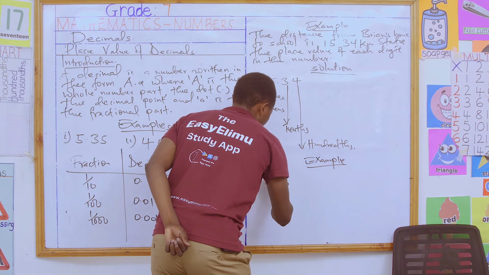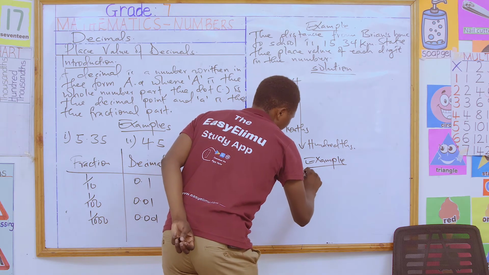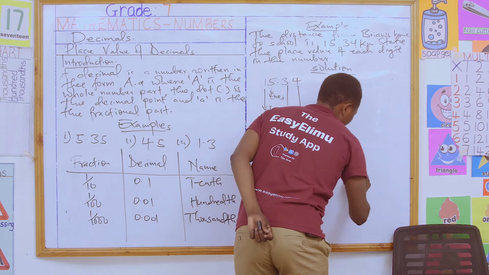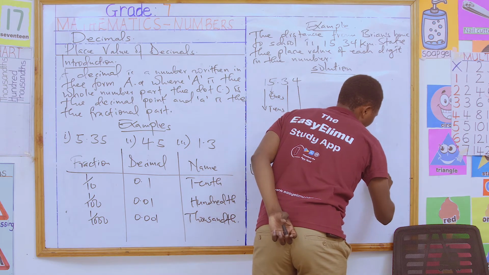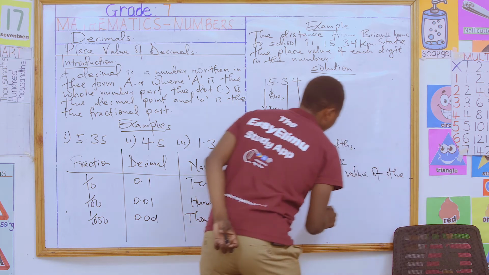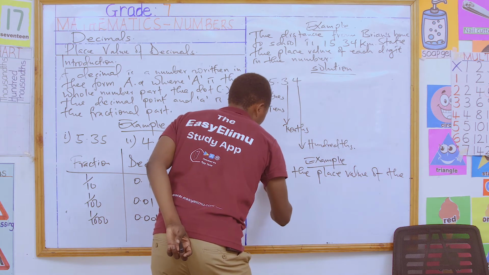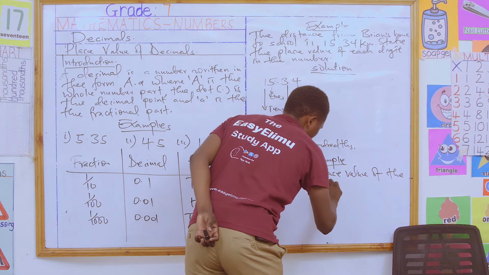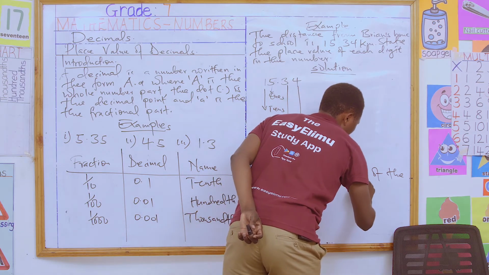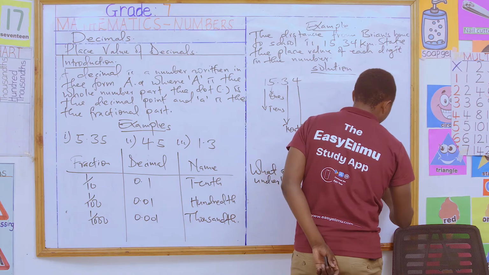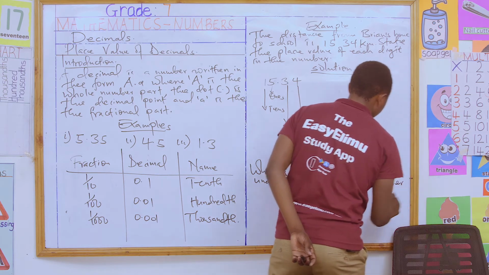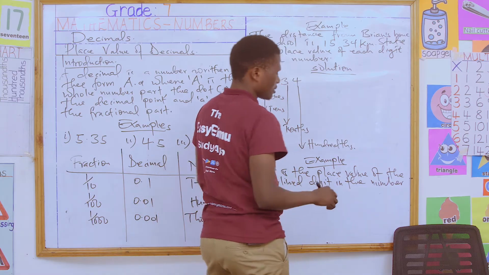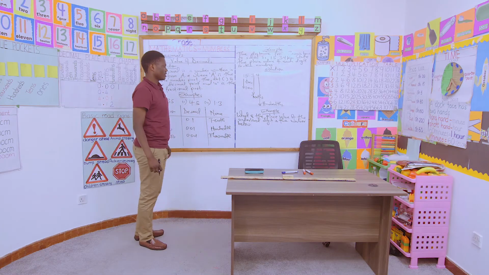What is the place value of the underlined digit in the number below?